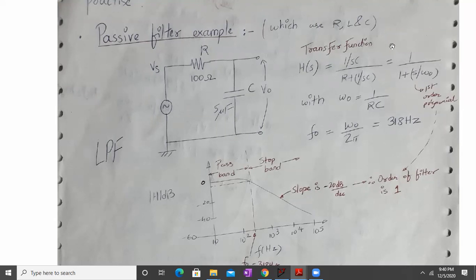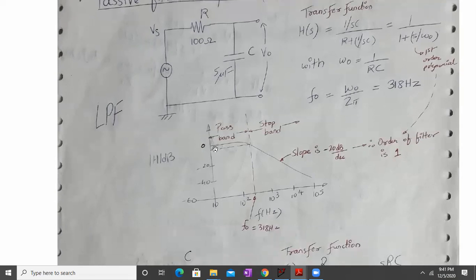So this is my first order polynomial, with omega naught equal to 1 upon RC. So F naught will be 1 upon 2 pi RC. If you calculate with a calculator, F naught will come out to be 318 hertz. Please substitute this value.